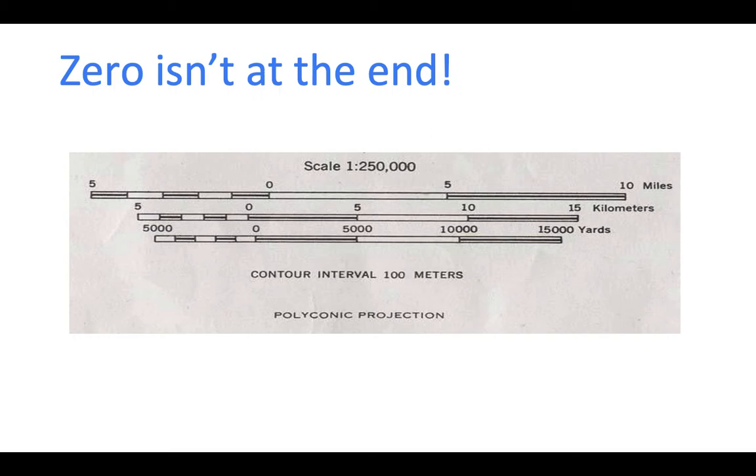All right, now with that graphic scale, here's an example. As you're using this stuff, which we'll eventually be getting to, you can see our fractional scale up here. But if we look at the graphic scales, we actually have multiple scales here. So one in miles, one in kilometers, and one in yards.